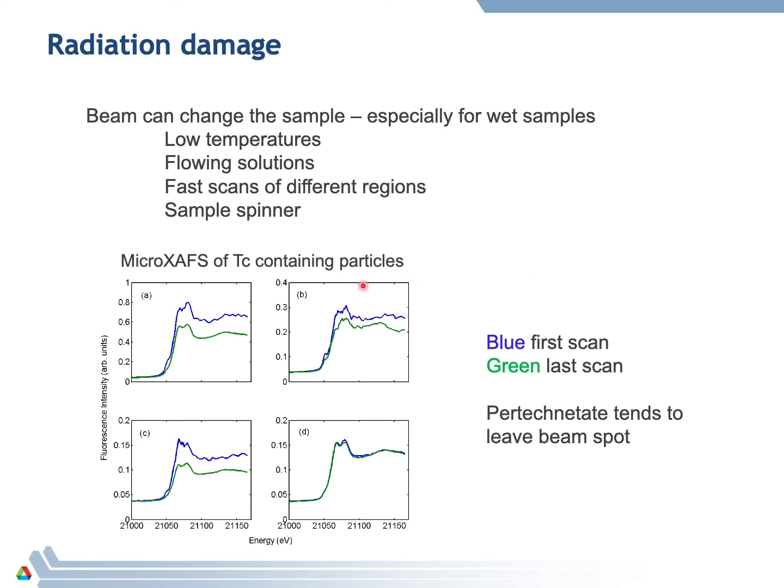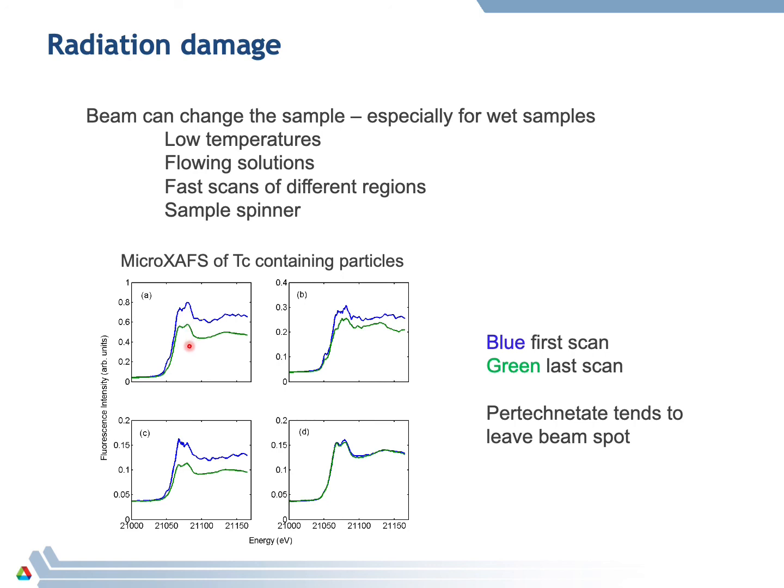Because the data was a little noisy, I measured multiple scans to try to get better data. The blue curve in all these cases is the first scan in a set of typically 6 or 8 scans, and the green curve is the last scan. I did not normalize these edge steps, so these are the measured edge steps. You can see what's happening in this case: the edge step has dropped, so we've lost technetium from the beam.